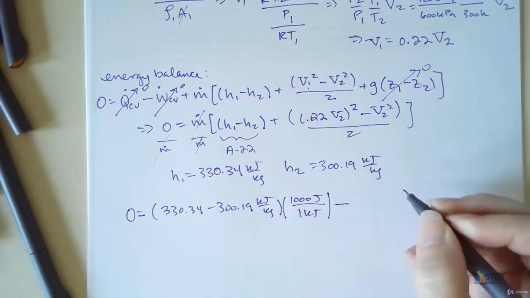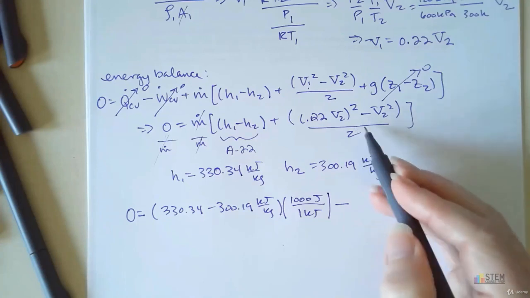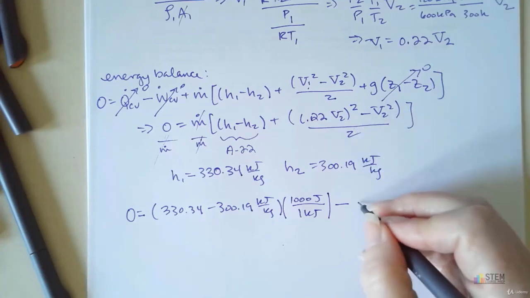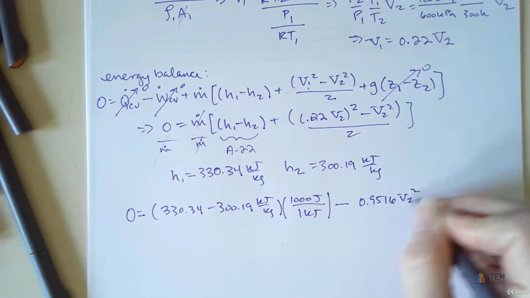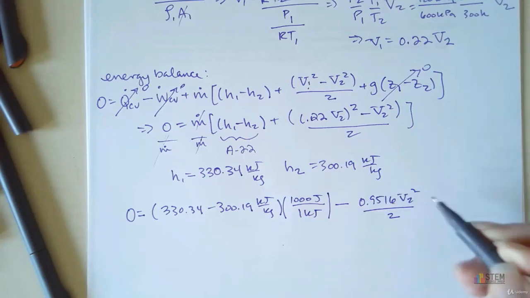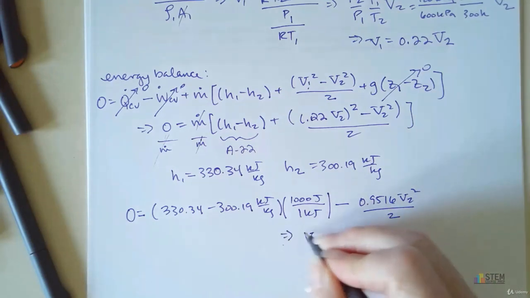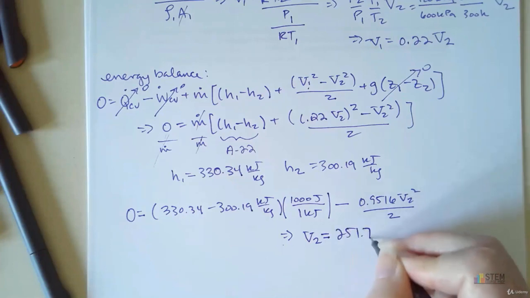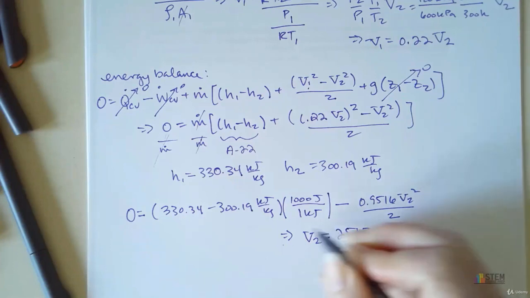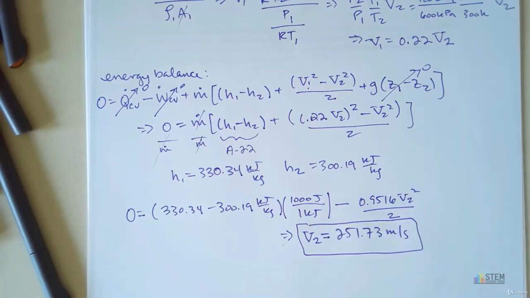And then we're going to subtract this right here. So if you simplify this, you're going to get 0.9516 V2 squared. That's still over 2. So now you can solve for V2. And V2 is going to give you 251.73 meters per second. So now we were able to solve for velocity at the exit. So that is good.